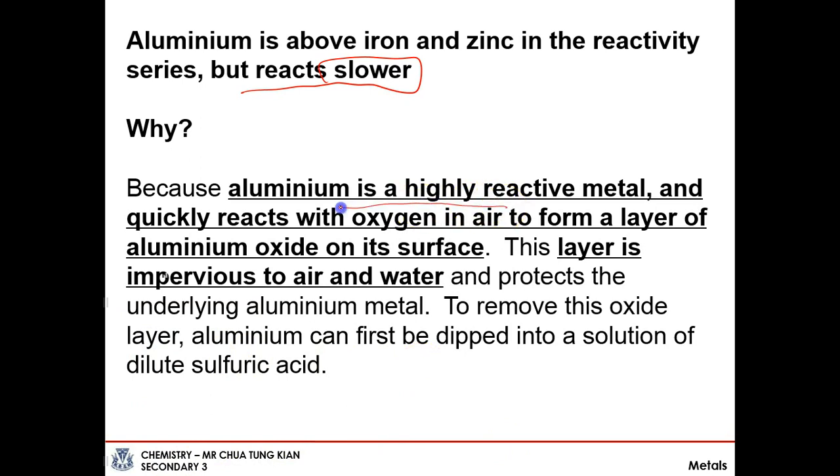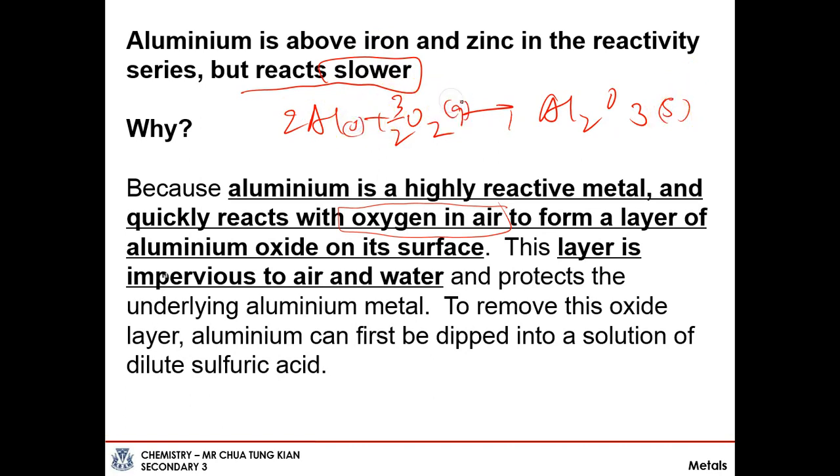It reacts with oxygen in air, Al plus O2, to give you Al2O3. So this is a balanced equation. This aluminium oxide layer is impervious to air and water. Impervious means that no air and water can get through.